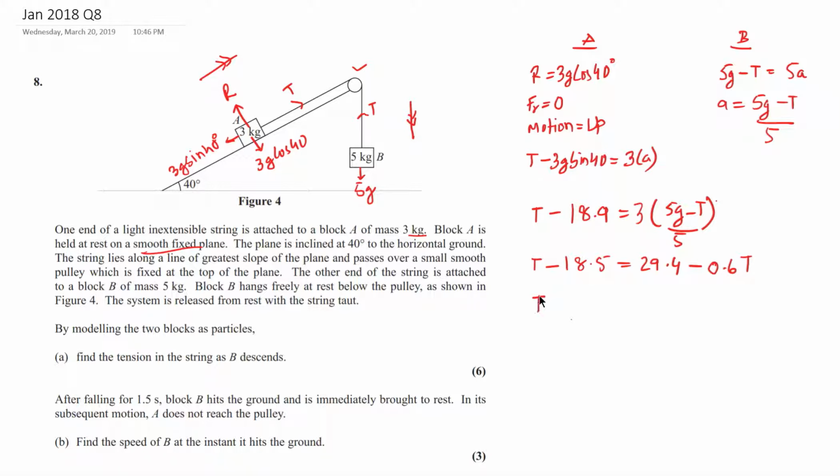So equating these values, 1.6T equals 29.4 plus 18.9, that will be 47.9. So our T will be 29.94 Newton. That's the answer for A.